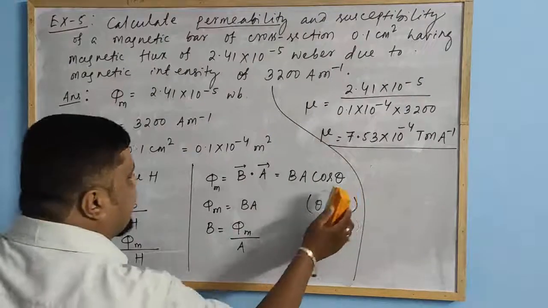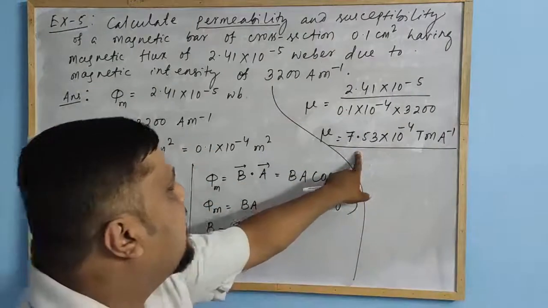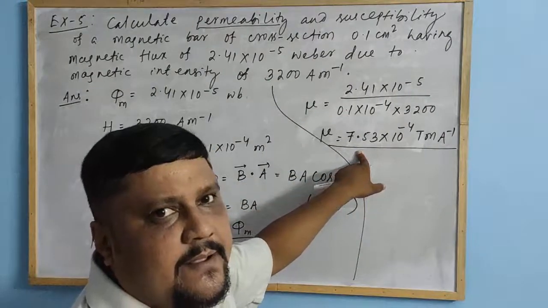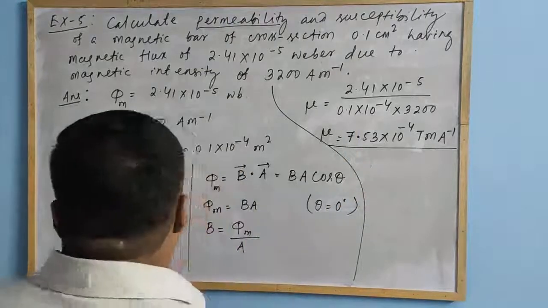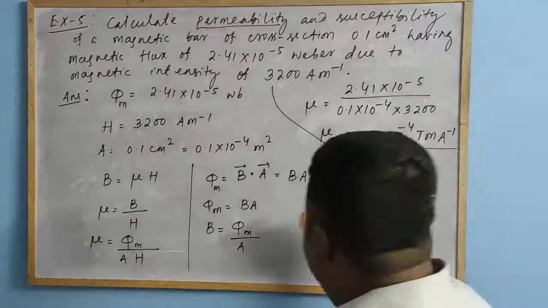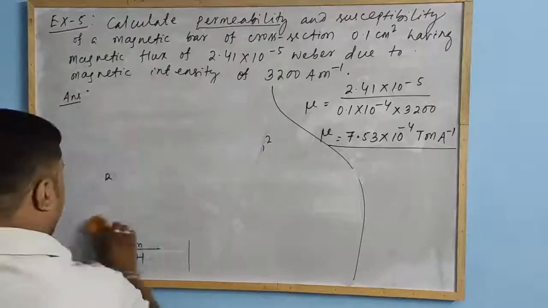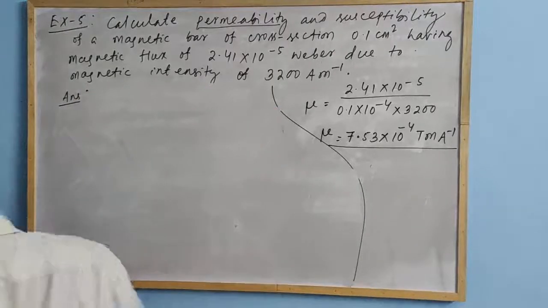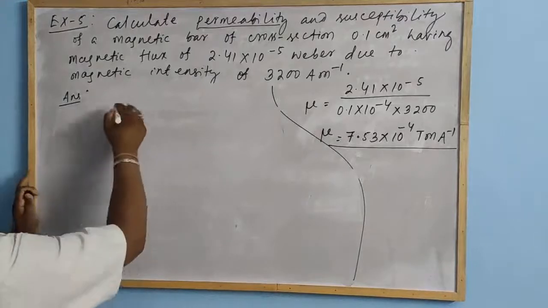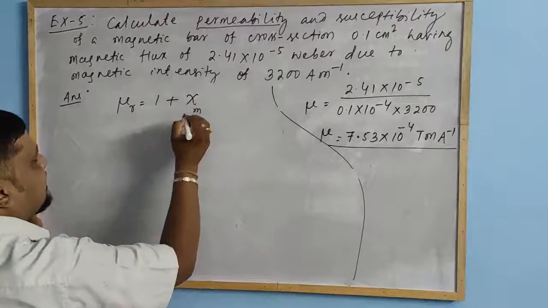So let me erase this thing. Already you know this one. See the solution part. The first part is over, that is your permeability. Clear? To calculate the susceptibility, what I need is the formula: relative permeability is equal to 1 plus susceptibility, as in example 4.